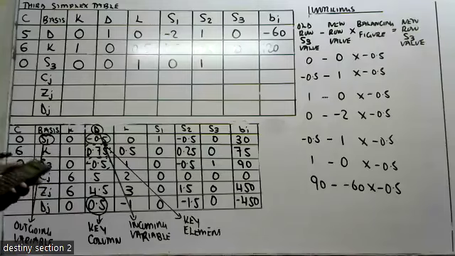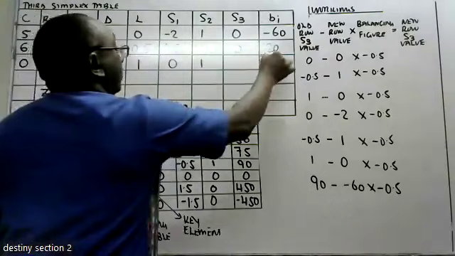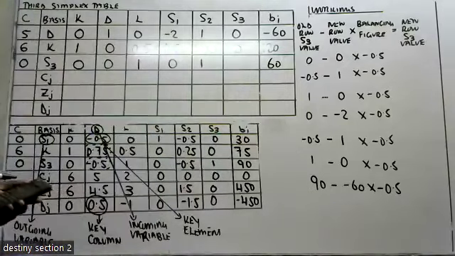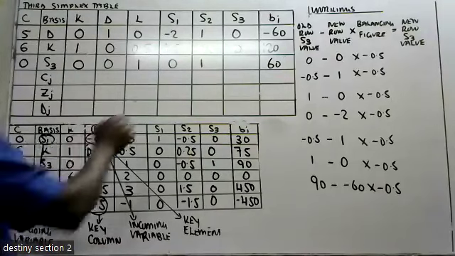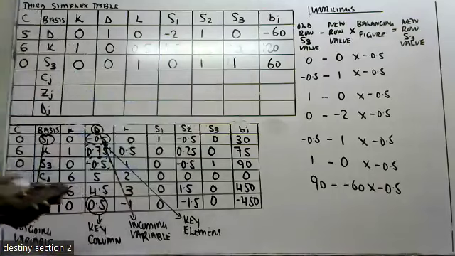There is somewhere I have made a mistake. Let me start from the reverse. 90 minus minus 60 times minus 0.5. This is 60. Then 1 minus 0 times minus 0.5. This is 1.